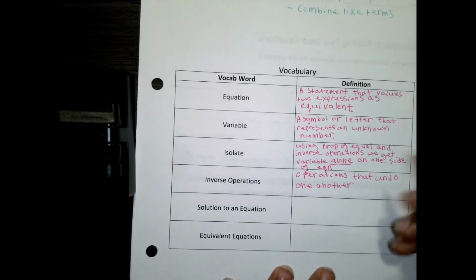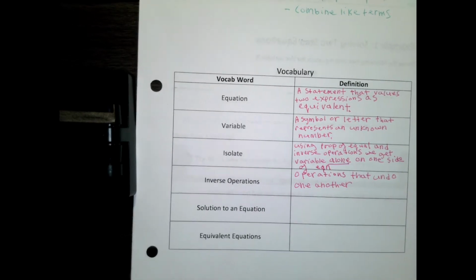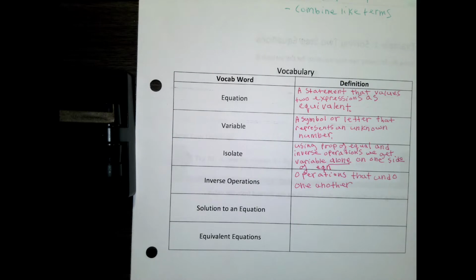Well, let's take a look. If I am adding 7, then if I subtract 7, that undoes it, right? If I have x plus 7 and I want to get x by itself, then I'm going to do the opposite and subtract 7 on both sides. So you guys have worked with inverse operations before. We're just working on it a little bit different now.